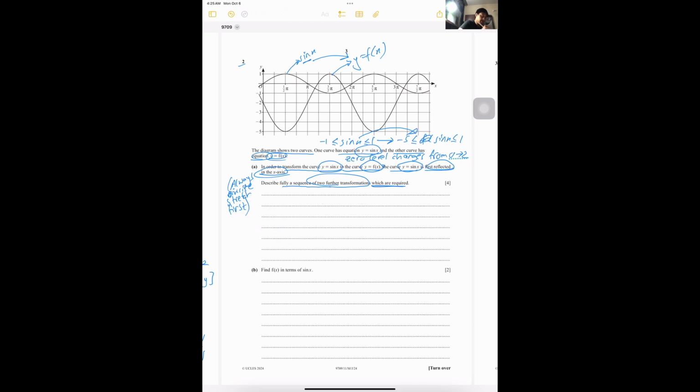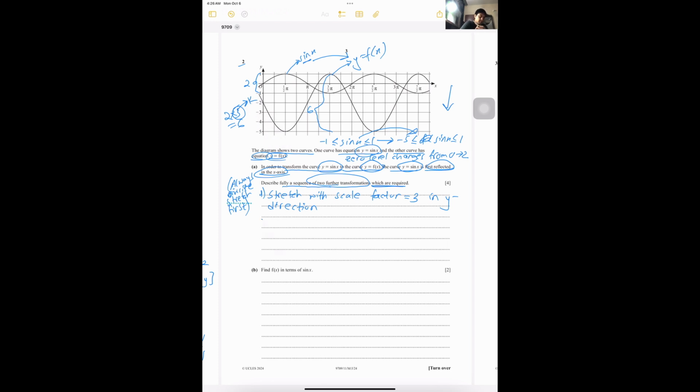So we will give number 1 and we will write that stretch with scale factor equal to 3 in the y direction. So why this is, this part is, let's say, 2 units, but this part from here to here is 6 units. So 2 into 3 is 6. So this is the scale factor.